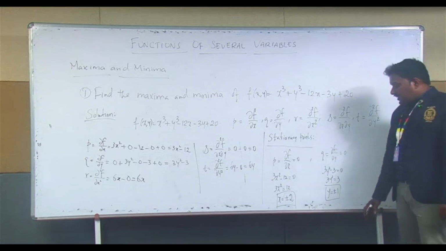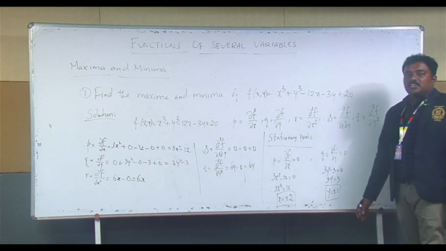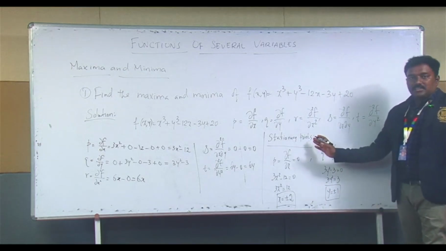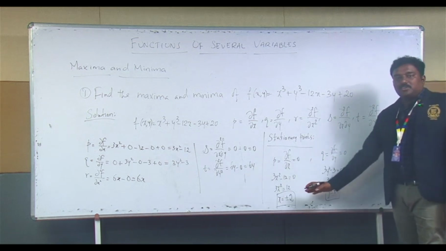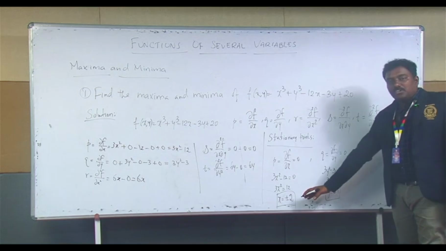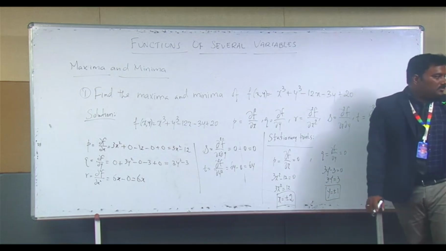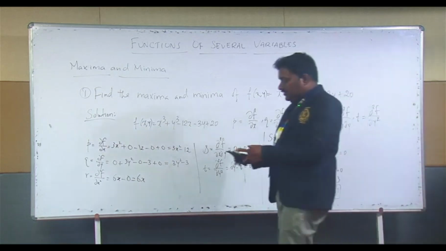Okay. So now we have got the values of x and y. The stationary points are the xy coordinates. So we have to go for all the possible combinations of plus or minus 2 and plus or minus 1. That will complete the stationary points.